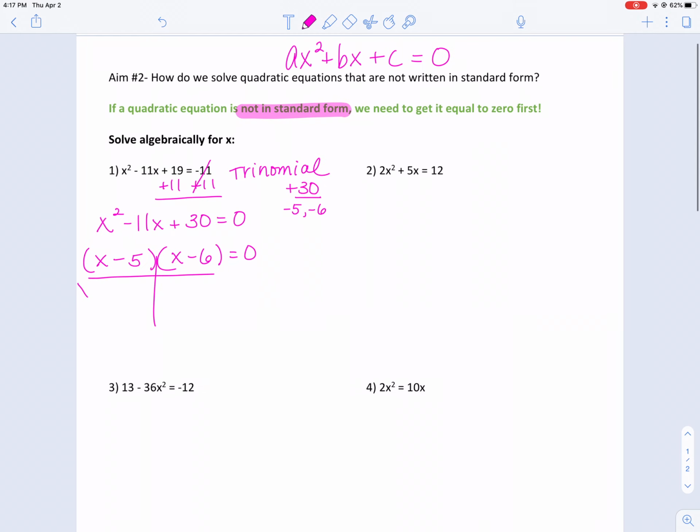Set up our T. Take each factor, set them equal to 0, add your 5. So here x equals positive 5. And here if I add 6, x equals positive 6. And those are your two solutions or roots, 5 and 6.